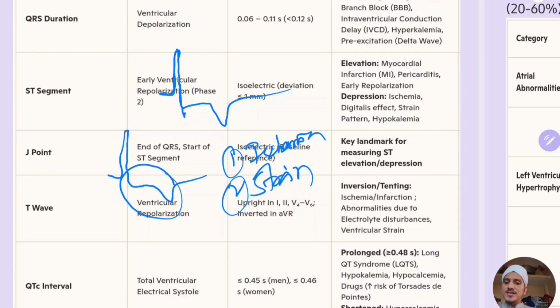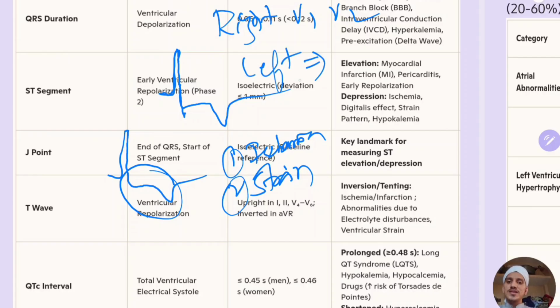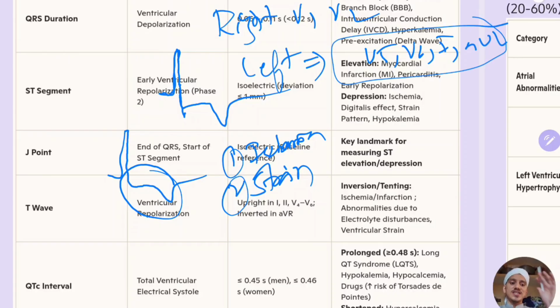This pattern is known as strain pattern. In case of right ventricle, this is seen in V1 and V2, and in case of left ventricle, you will see this in V5, V6, 1 and AVL, because these are left sided leads. Just remember that, imagine the frontal plane and horizontal plane, so these are at the left side. So in left ventricle you will see strain pattern in 1, AVL, V5, V6. In right ventricle, you will see this in V1 and V2.